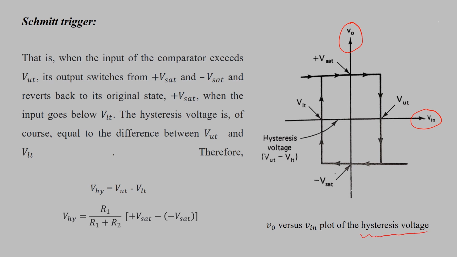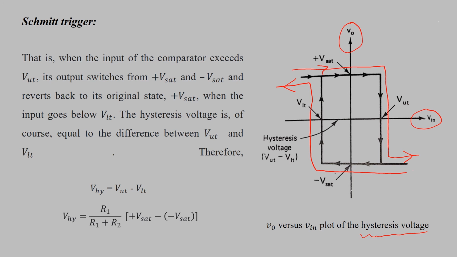When the input of the comparator exceeds VUT, it switches from plus Vsat to minus Vsat, and when the input goes below VLT, it switches from minus Vsat to plus Vsat. This is why we call it hysteresis voltage.